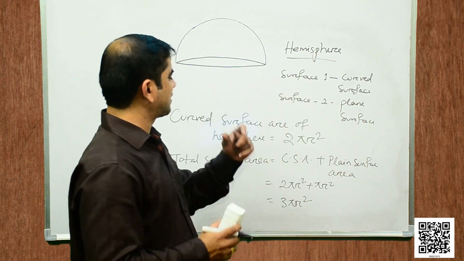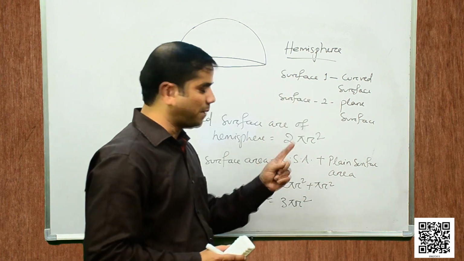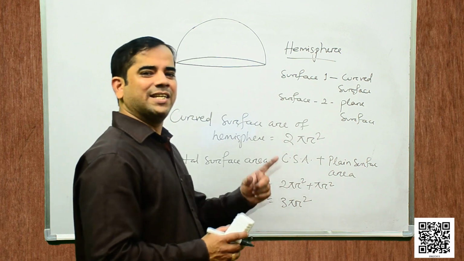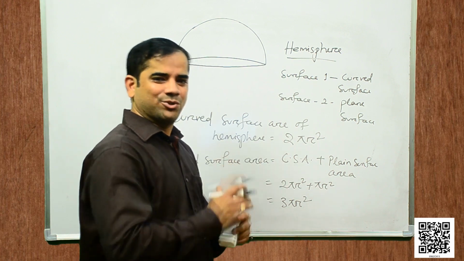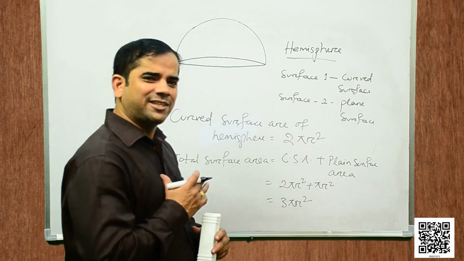So, curved surface area of the hemisphere is equal to 2 pi r square and total surface area of the hemisphere is equal to 3 pi r square. Hope you have understood this.